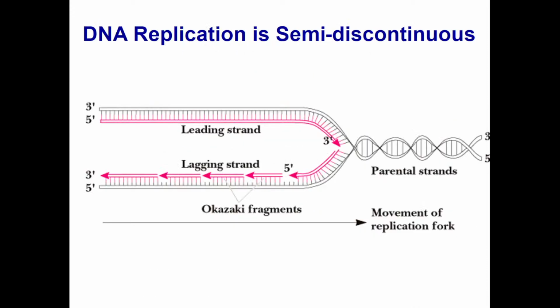But it is more complex. At first, replication is semi-discontinuous. Both strands will be synthesized, but one strand will be synthesized continuously, the so-called leading strand, and the alternative strand will be synthesized by pieces, by fragments. It is the so-called lagging strand.